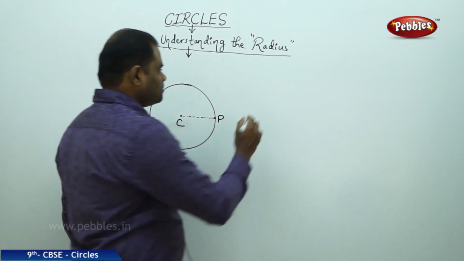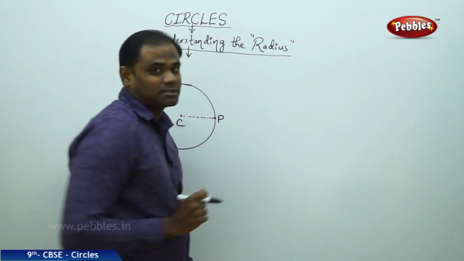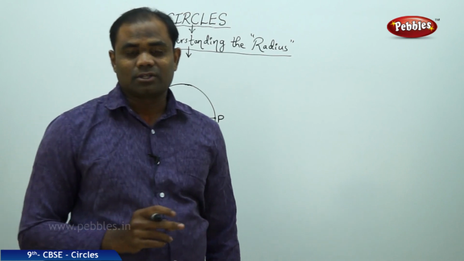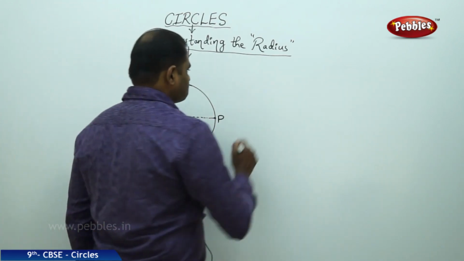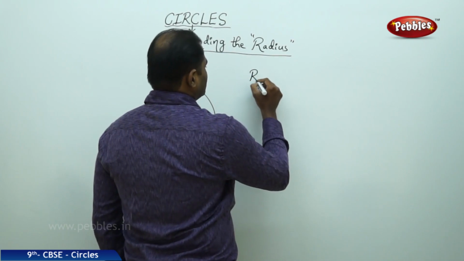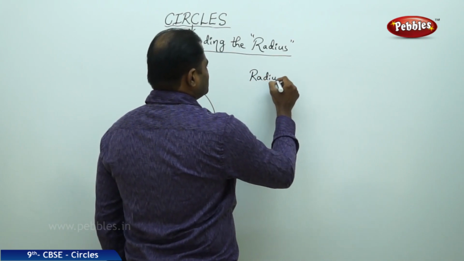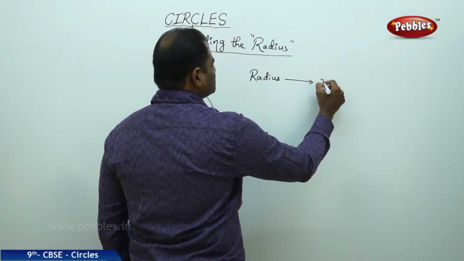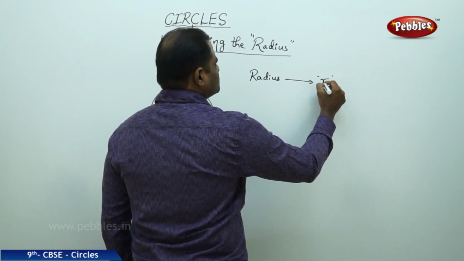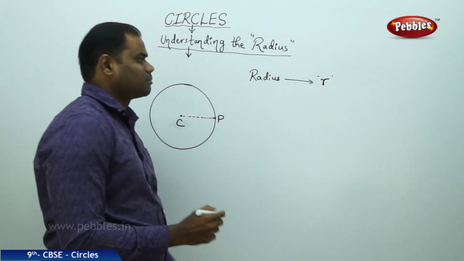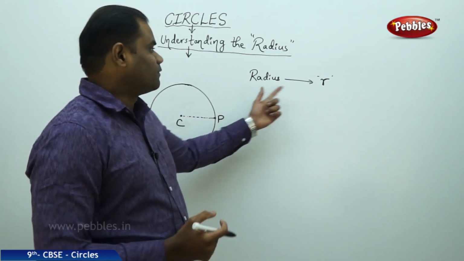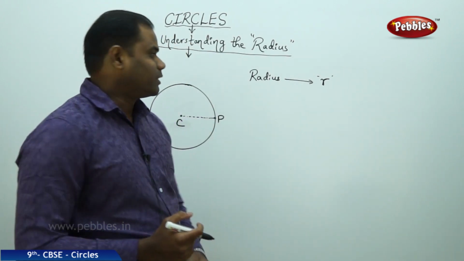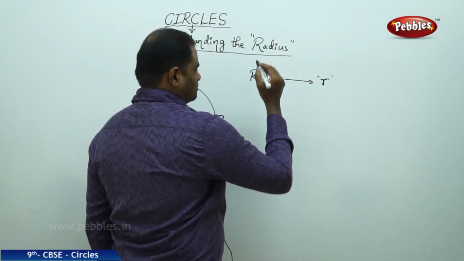CP, the distance CP is called radius, but sometimes radius is also represented by the line segment CP. So radius is generally denoted by small r. So when I represent the radius, I represent it with r.